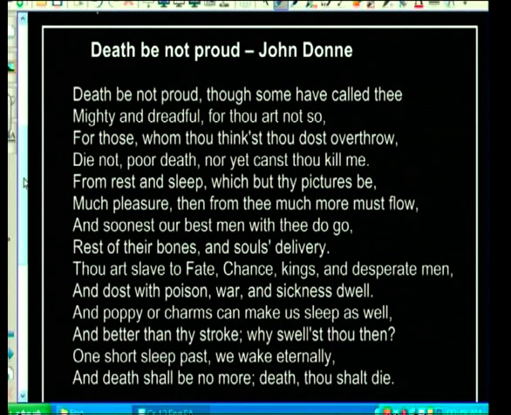And poppy or charms can make us sleep as well, and better than thy stroke, why swell'st thou then? One short sleep past, we wake eternally, and death shall be no more. Death, thou shalt die.